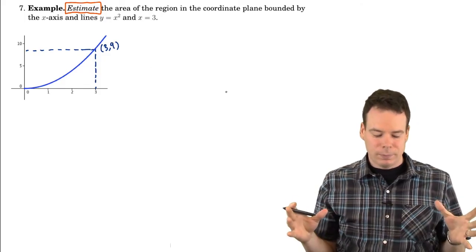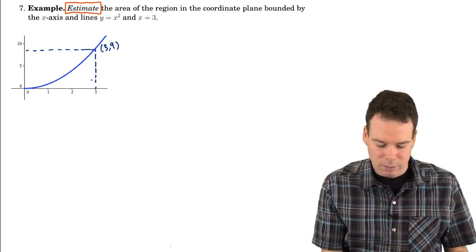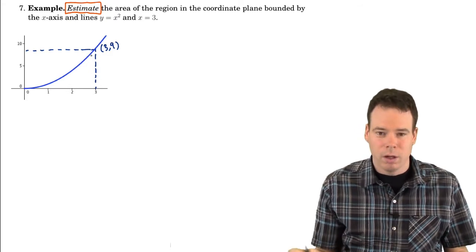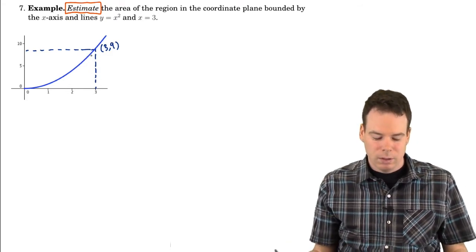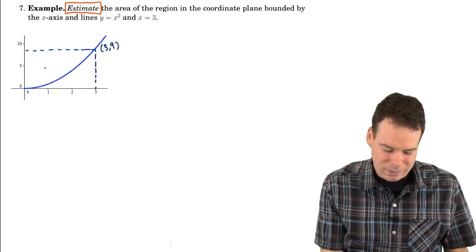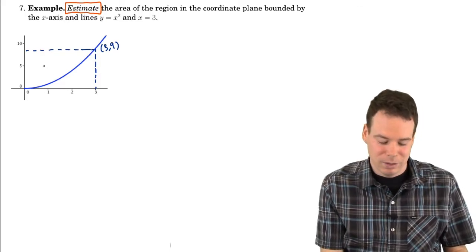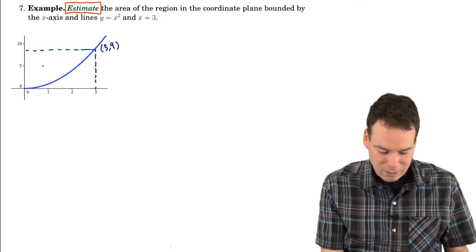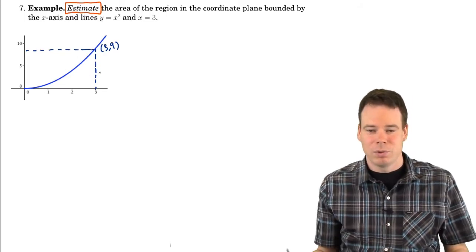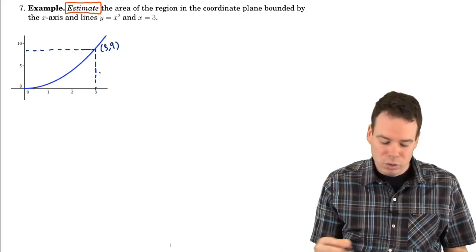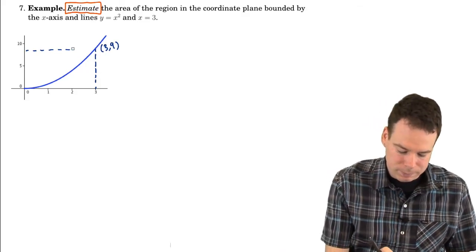So we could cap it off and compute the area of this big rectangle. That would be 3 times 9, so 27. Well, the problem is that that's a terrible estimate, because you can see that our error in our estimate is all this region, and that looks to be even bigger than the actual area we're trying to compute. So using one rectangle in this case isn't so good.